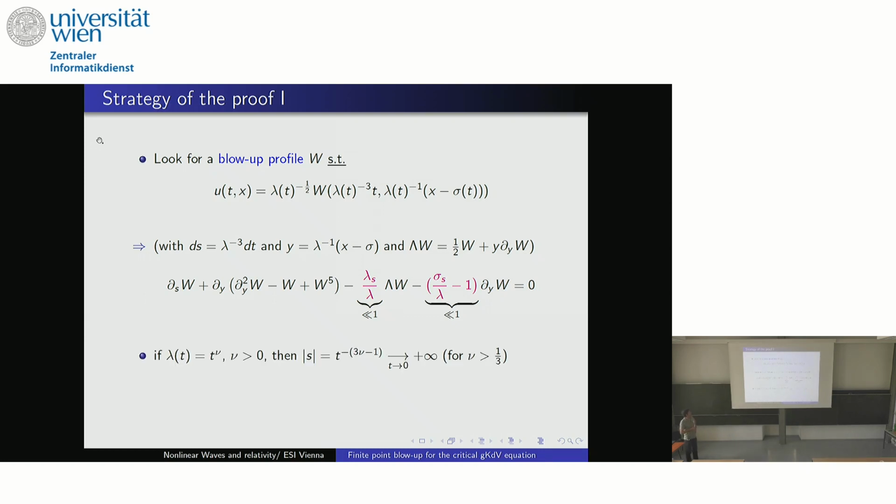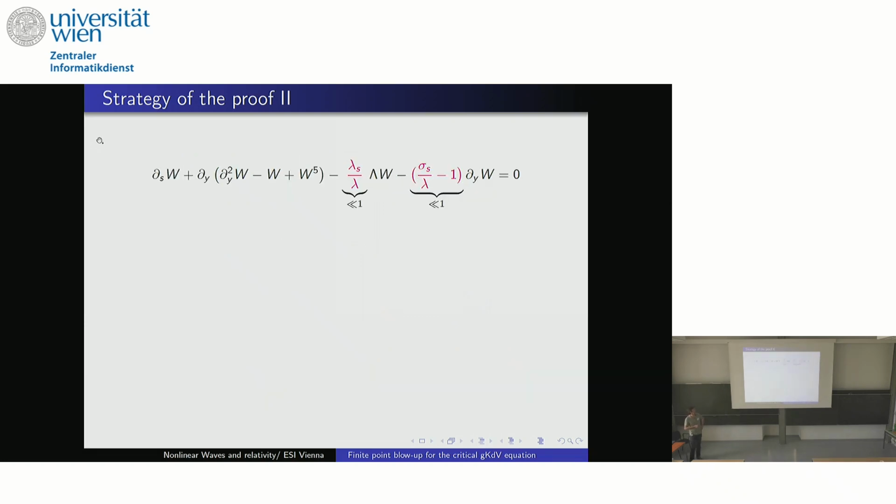Now, if you look at a blow-up of the form lambda of t equal to 1 over t to the nu, then a direct computation, where you can integrate, tells you that s is t to the minus 3 nu minus 1. So you see that if you're above the self-similar rate, when t goes to 0, s goes to infinity. Somehow this lambda has to be a power of s, and lambda s over lambda will go to 0 at infinity. So this will be small, and this will also be small.